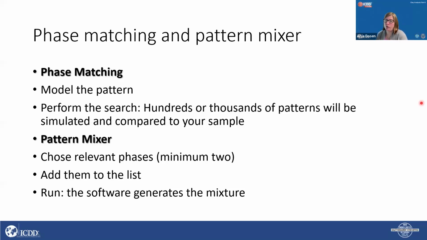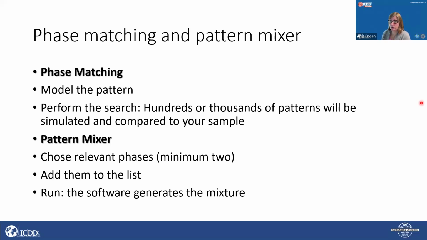So when we go to the oriented clays, which I'm going to show in a minute, first of all, we can do phase modeling. We can model our own phases and create our own database of model phases. We can also do phase matching and let the software do that for you. Depending on the complexity, it can search thousands of patterns to simulate and compare to your sample.